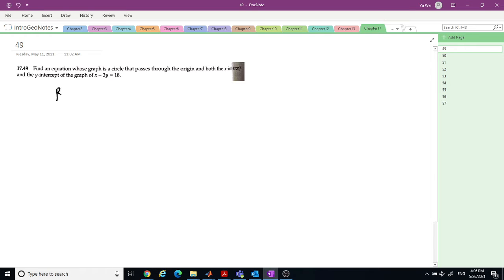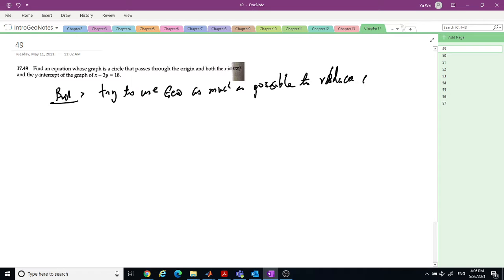But I want to say, first try to use as much geometry as possible to reduce the calculation. This is very important. It's still geometry. Don't try to solve it like algebra. Okay, now let's start with the first one.